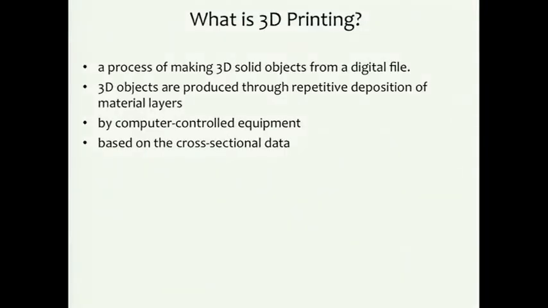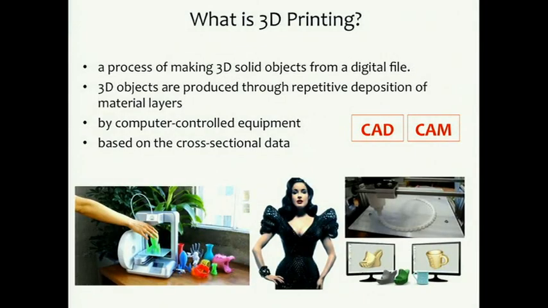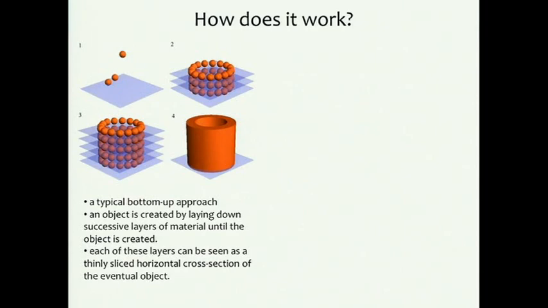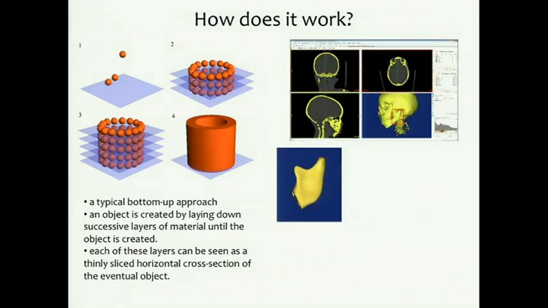I just want to give a little bit of background on what 3D printing is. It is a computer-aided design and manufacturing process where we take the medical file and produce our 3D structures in a computer-controlled environment. It's a layer-by-layer technology, so we start from the very bottom layer and go all the way up to produce whatever we want.